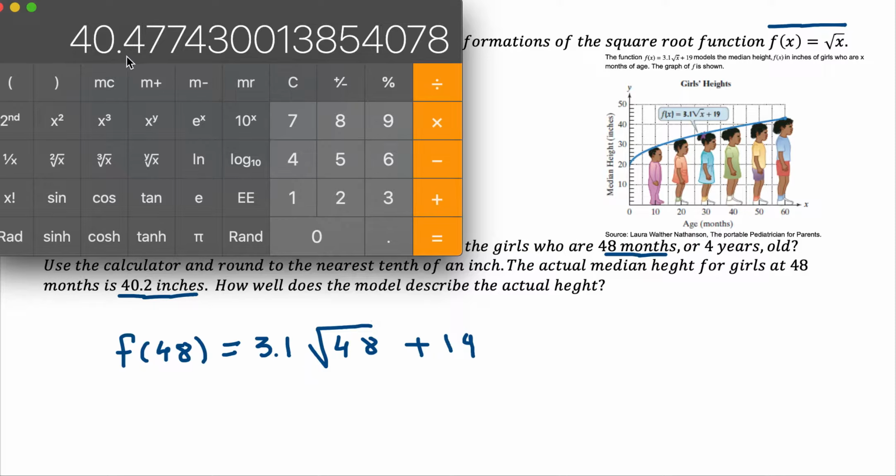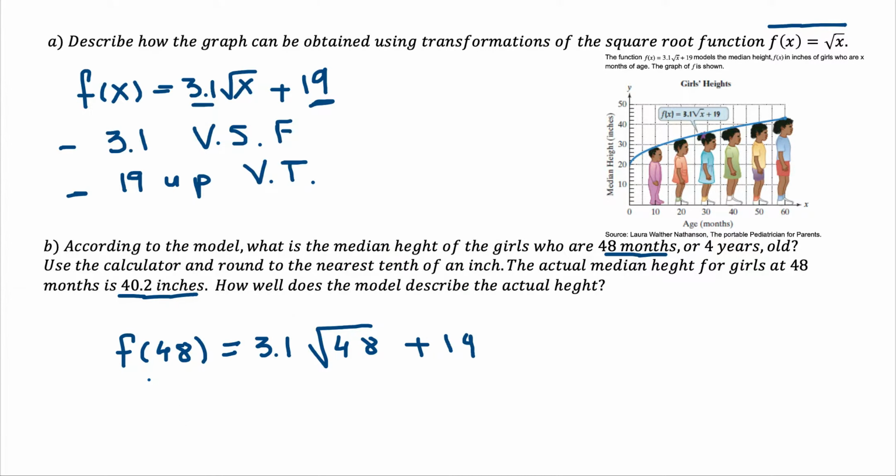But approximating to the nearest tenth, I'm going to take 40.5. So f of 48 months, according to the function, is 40.5 inches tall.